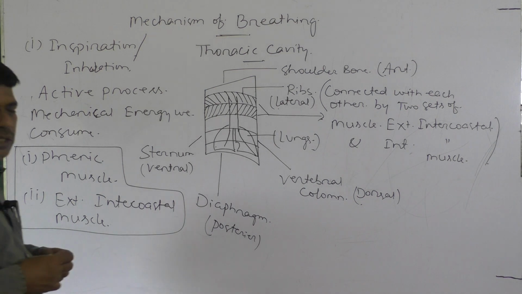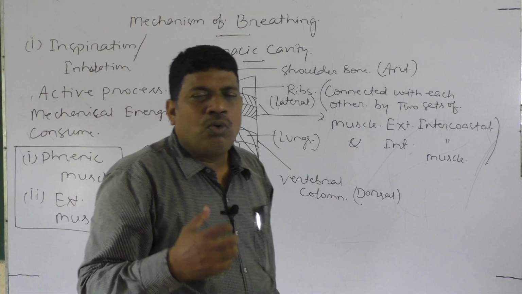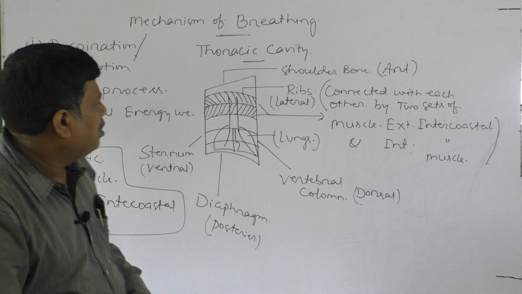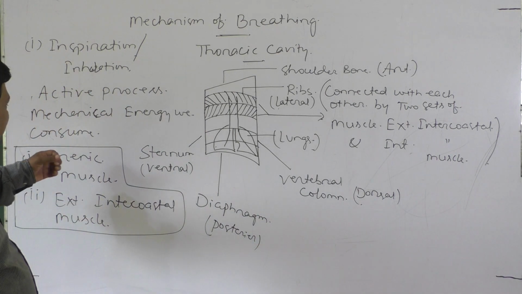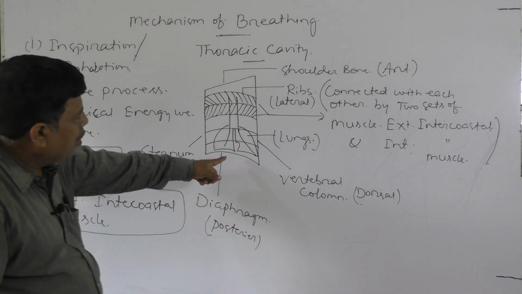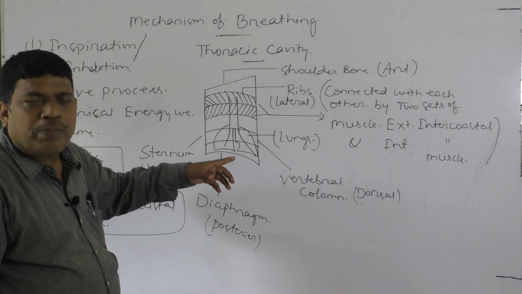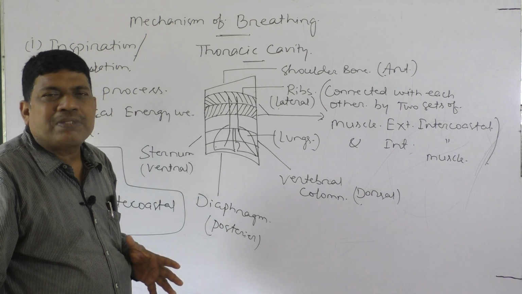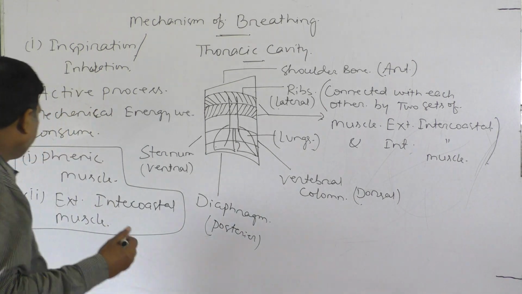So what happens during inspiration? First come to your phrenic muscle. This phrenic muscle is attached to the diaphragm. From diaphragm to ribs and the vertebral column.